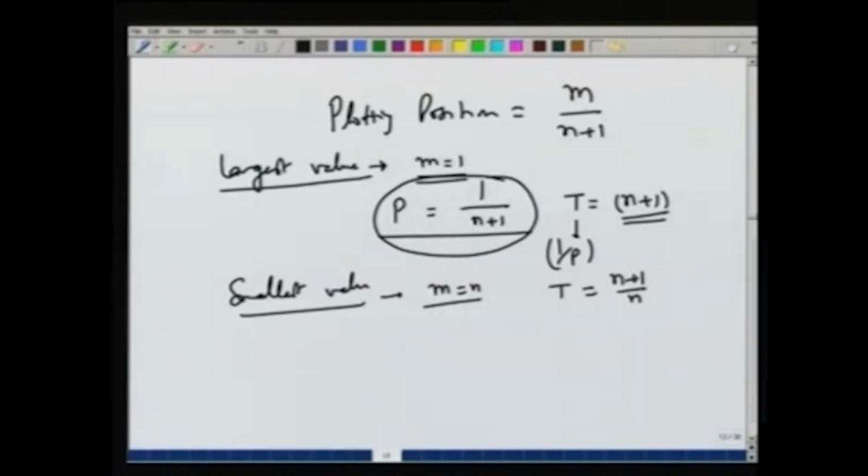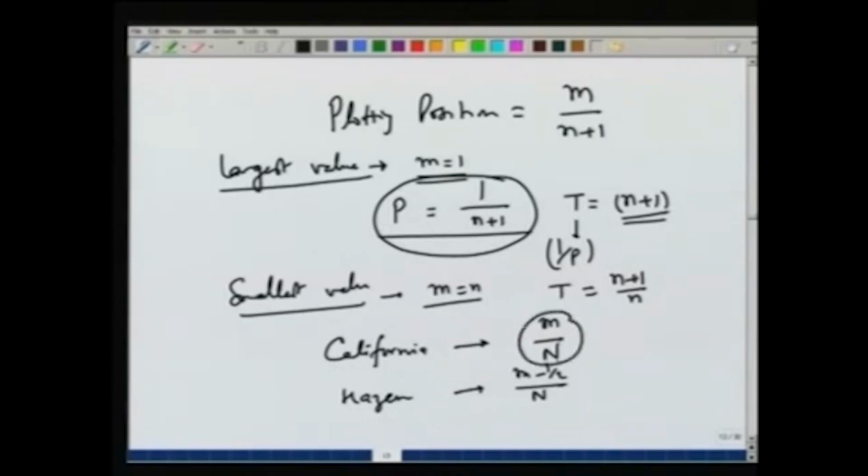There are some other methods also of the plotting position. For example, there is a California method, which uses a plotting position of m over n. There is a Hazen method, which uses a plotting position of m minus half over n. So, different methods have been used.